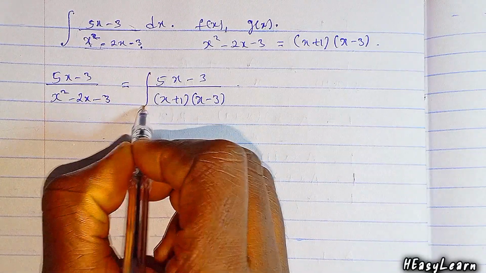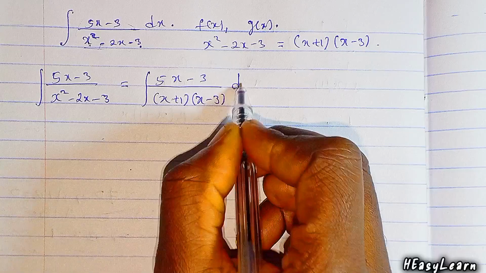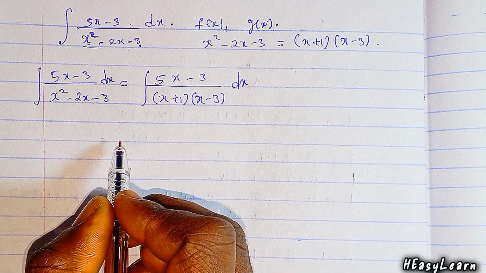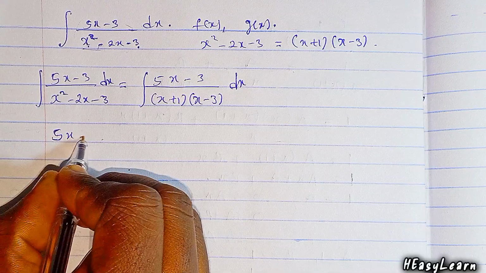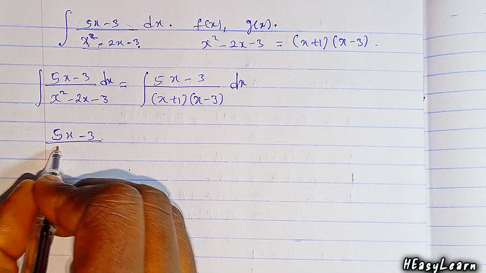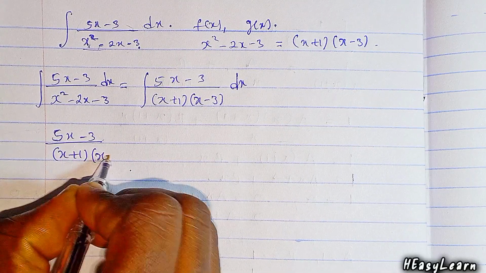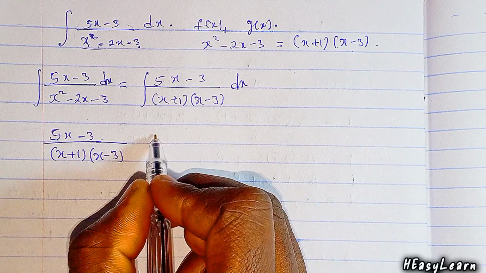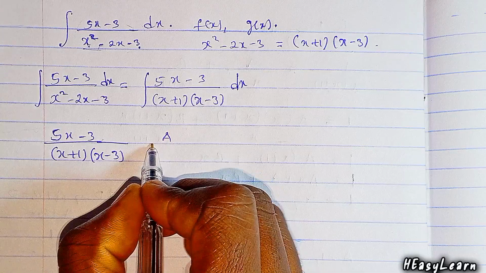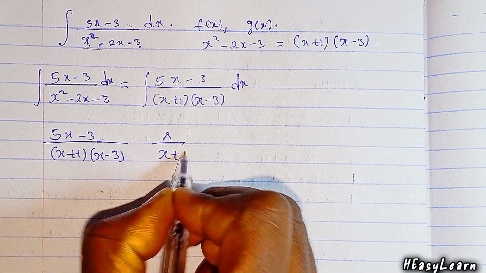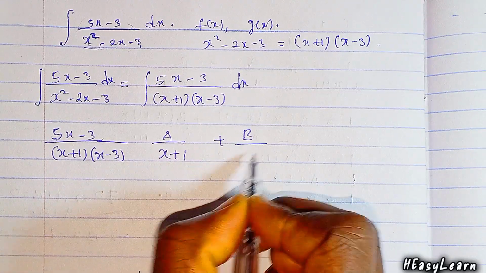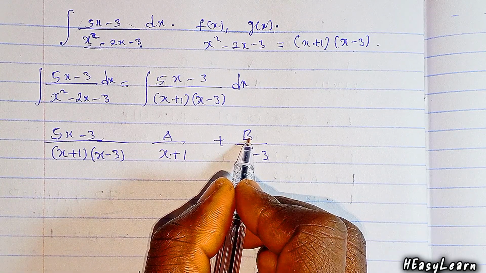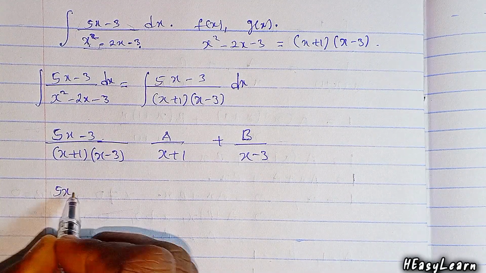So to integrate this function, we use partial fractions. First we have to rewrite (5x minus 3) over (x plus 1)(x minus 3) as a simpler sum or difference of fractions, for which we have A divided by (x plus 1) plus B divided by (x minus 3). A and B are undetermined coefficients, for which the first thing is what?